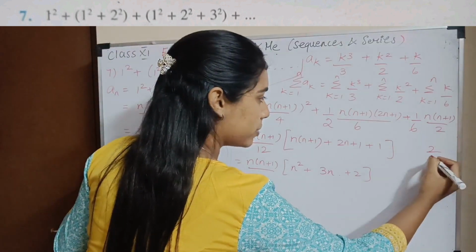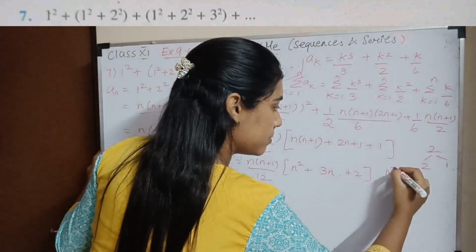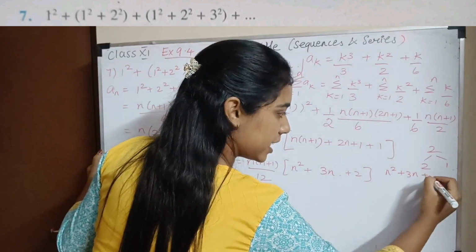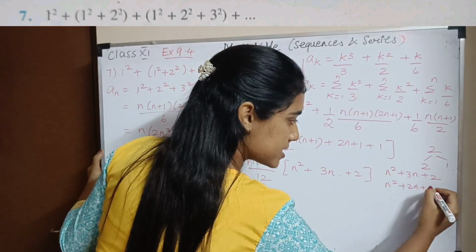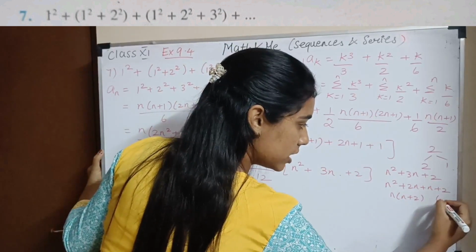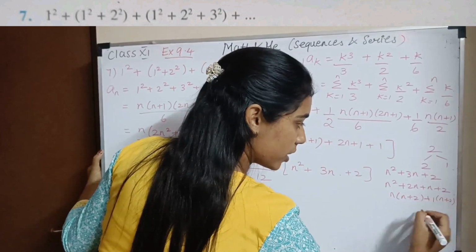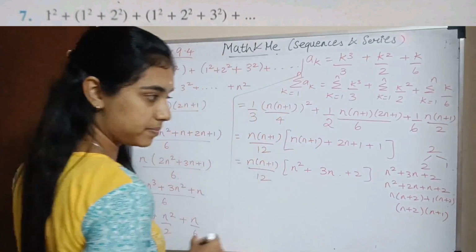I need the product to be 2, I need the sum to be 3. So it is 2 into 1. So what does it become? n square plus 3n plus 2 can be written as n square plus 2n plus n plus 2. I have n plus 2 times n plus 1. So this is n plus 2 times n plus 1.